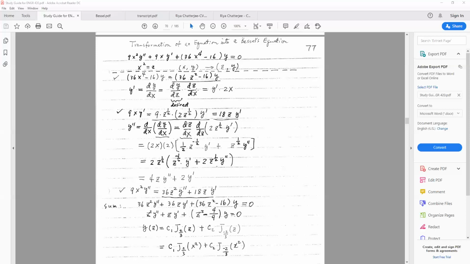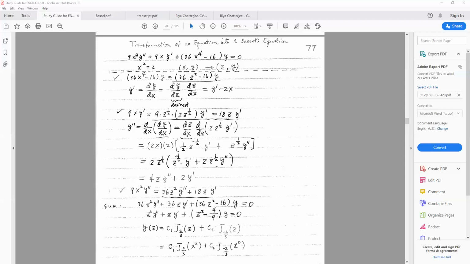And dz dx can be obtained by using the given transformation rule, which is 2x. Then we can take care of the whole second term, 9xy prime. 9xy prime is 9 times square root of z times 2 times square root of z, that's this term, times y prime. This y prime is dy dz.